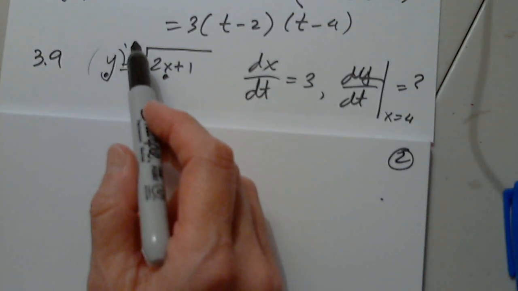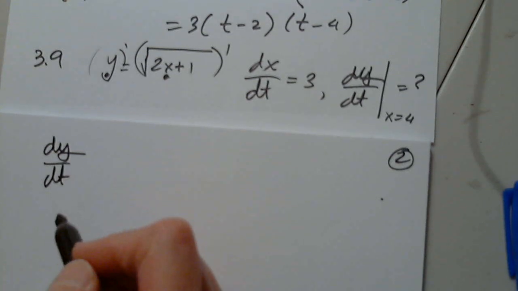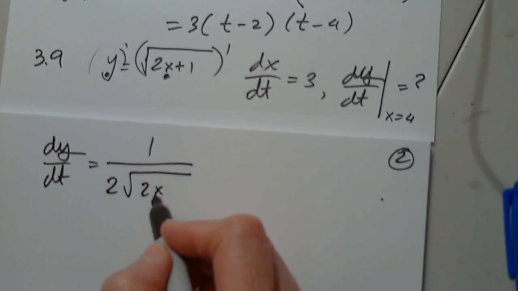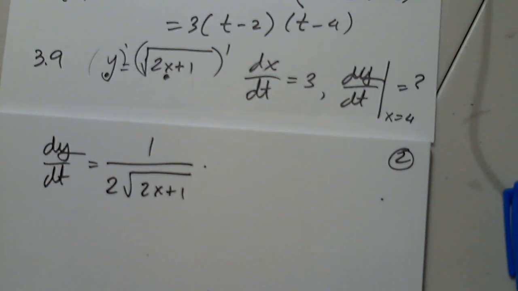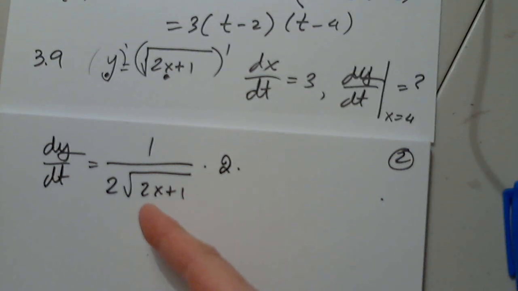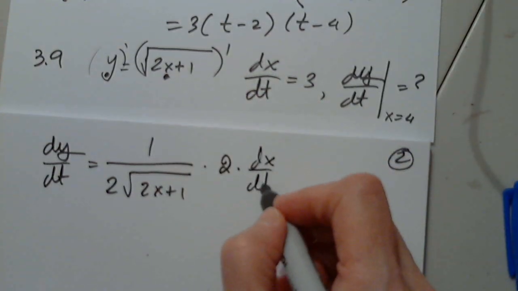So I differentiate the left and I differentiate the right. I have dy over dt equals 1 over 2 the square root of 2x plus 1 times the inner function prime, which is 2, times x prime, which is a function of time, times dx over dt.